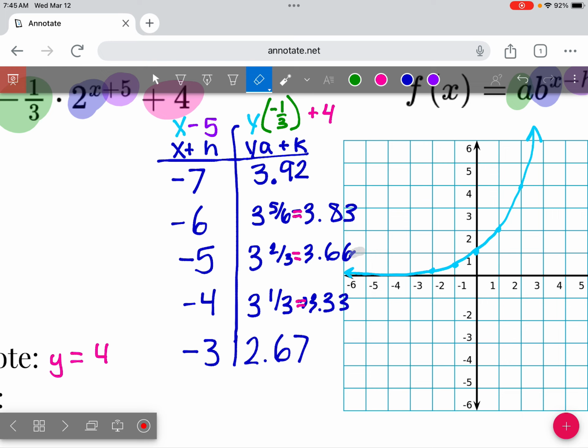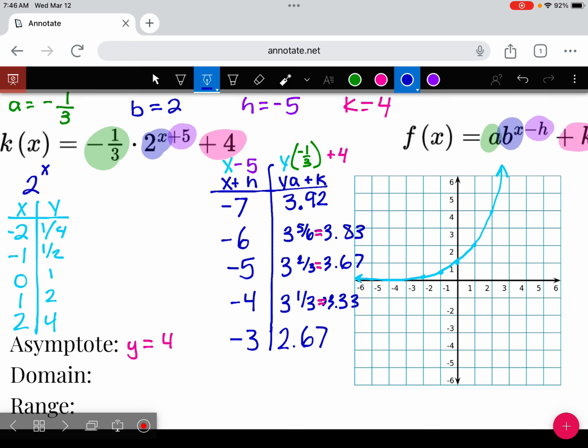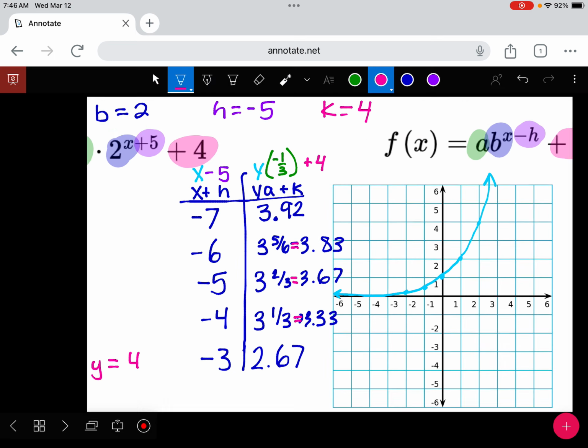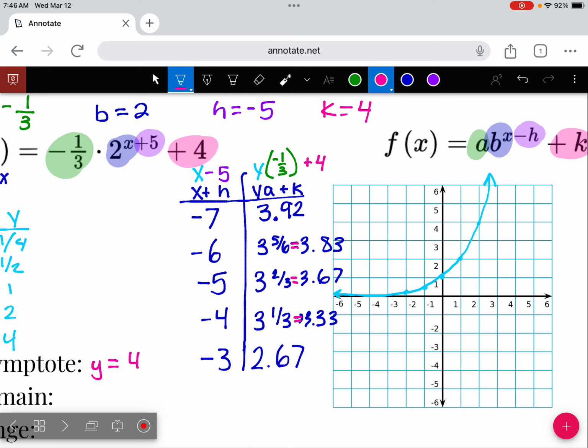But honestly, with the graphs, we're estimating. We're getting it close. So on this one, we're going to get our asymptote up for our transformation up here. We have our asymptote at our y equals 4, so it's way up here. And when we start plotting up our points, our -7, 3.9, mine's off the graph.